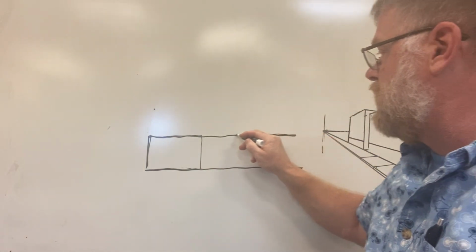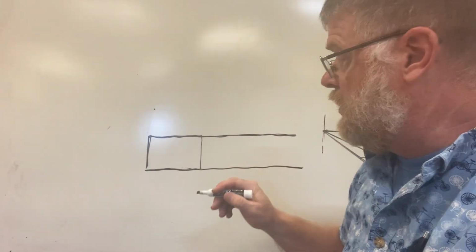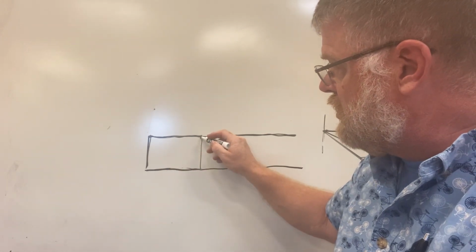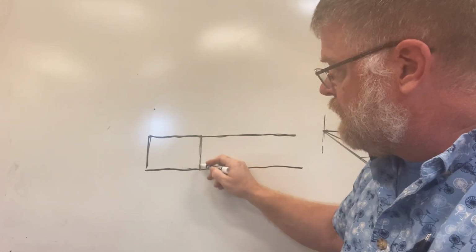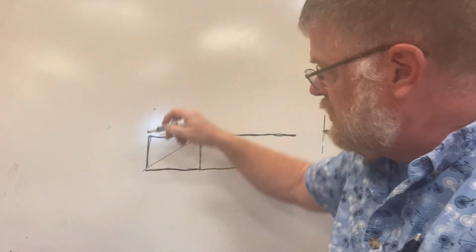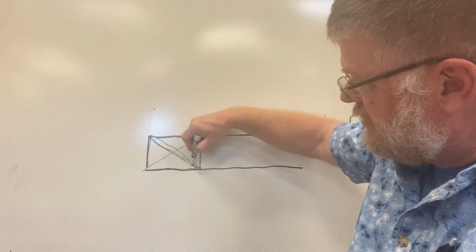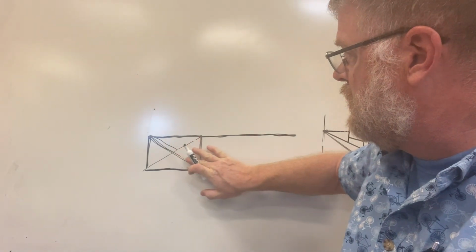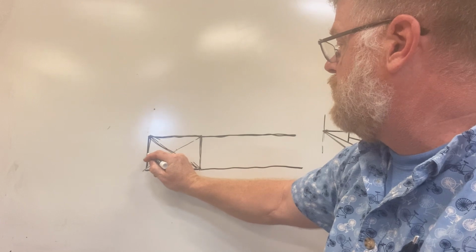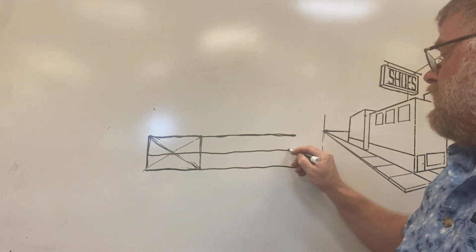Now we would use a straight edge for that, but for the sake of time, I'm not using one. If we could find the center of this rectangle, we could just do a diagonal from corner to corner. That wasn't a very accurate one. Okay, and we find the center. Now we could draw a line that goes through the center of these two lines.